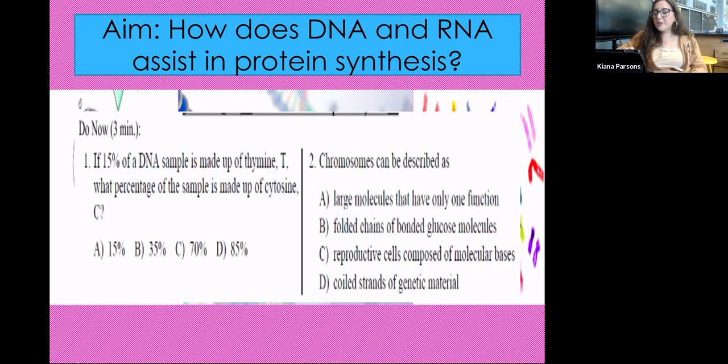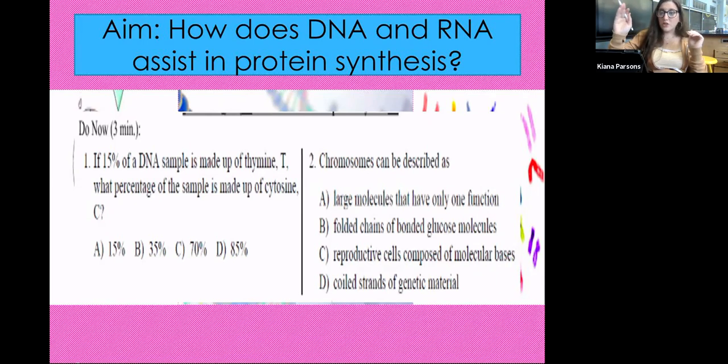If 15% of a DNA sample is made up of thymine, T, what percentage of the sample is made up of cytosine? I keep trying to write on this, but it's not letting me, so forgive me. I'm going to say some calculations out loud. So if 15% is thymine, there's only 4 bases, right?